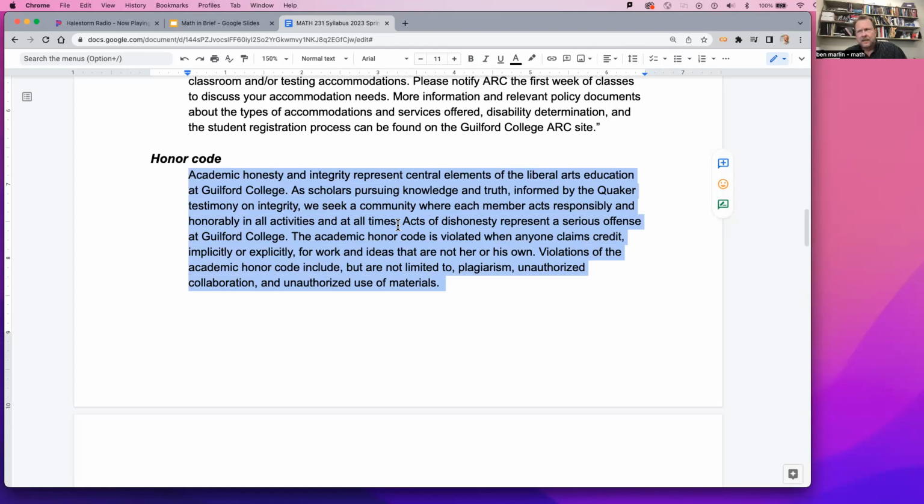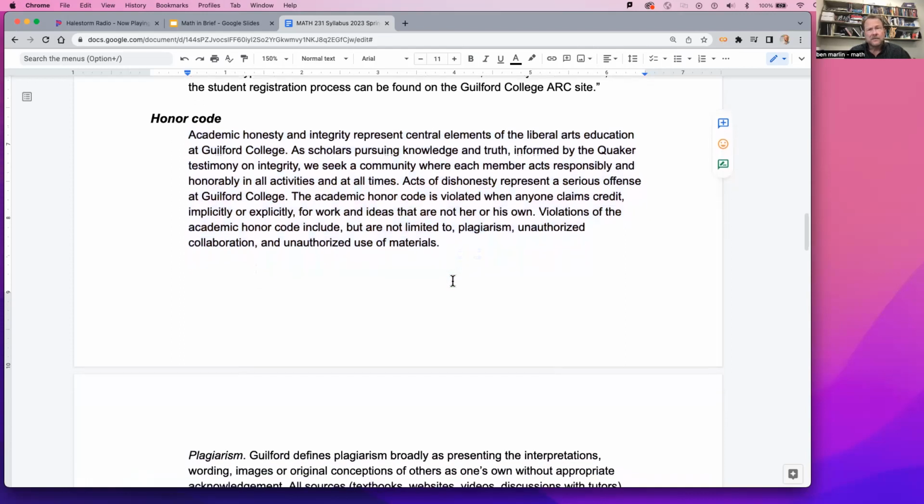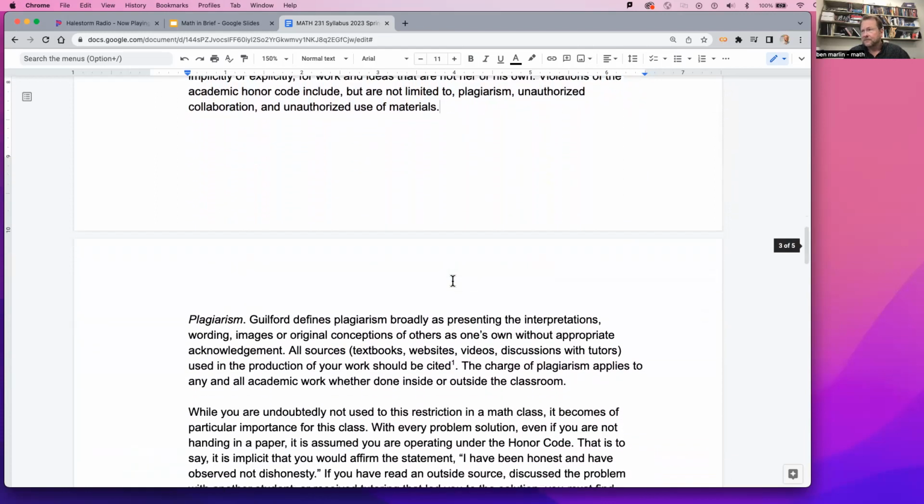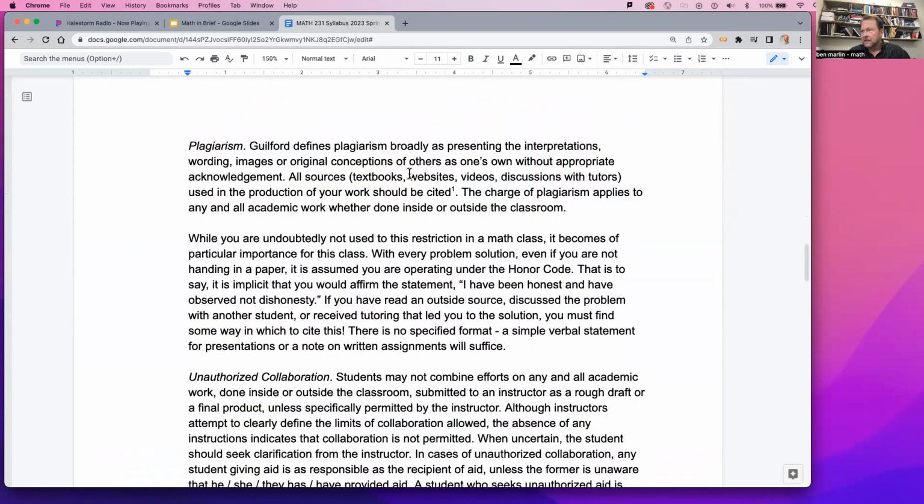So I'm just going to ask you all, be cool, represent your work as your work. You're going to do fine. Don't freak out about grades. But plagiarism, it's not just don't copy word for word. It's don't steal other people's ideas.